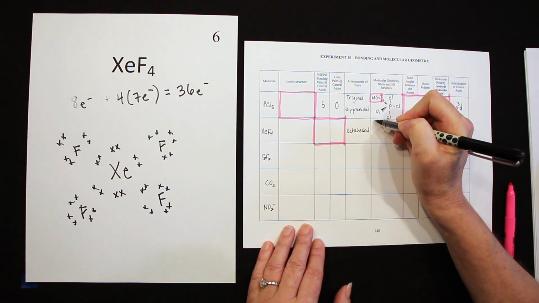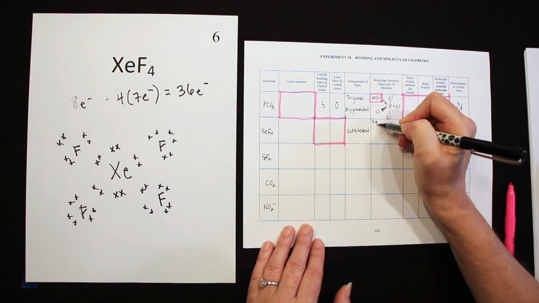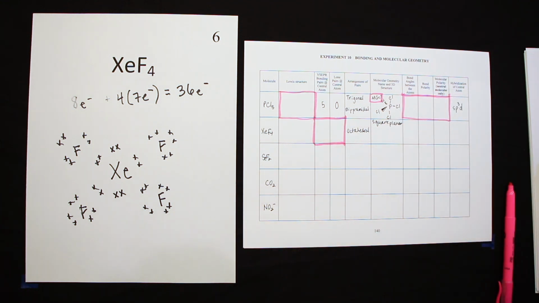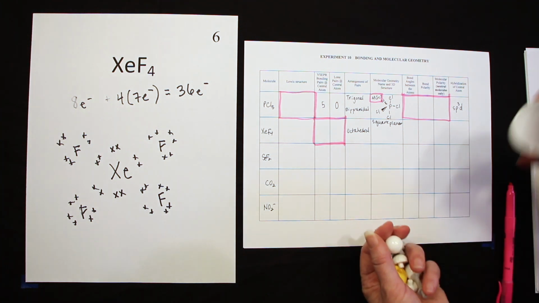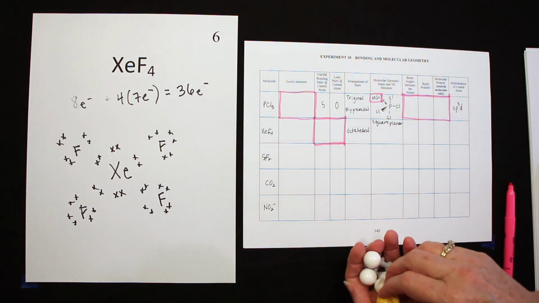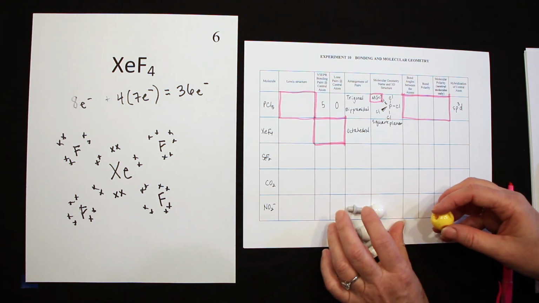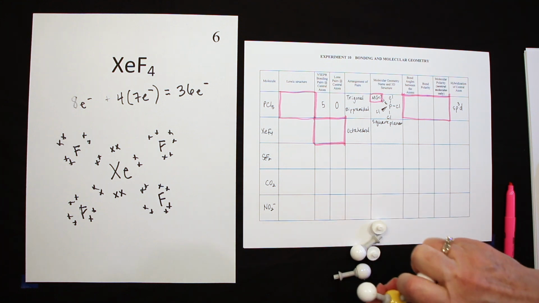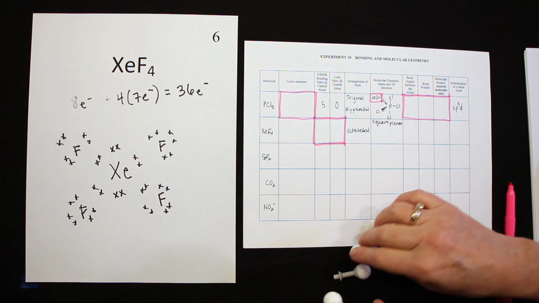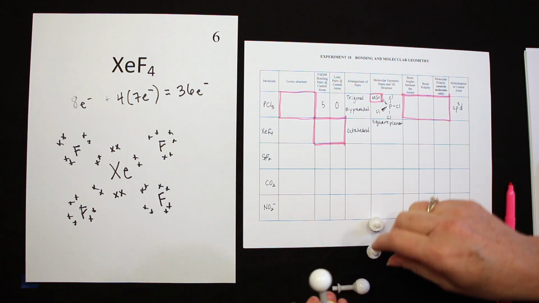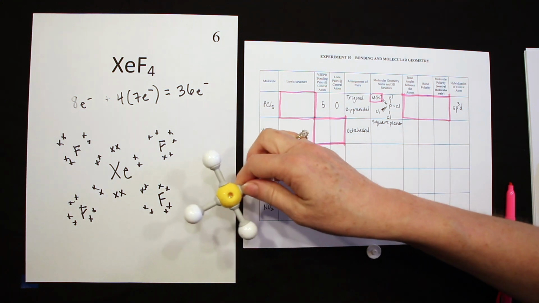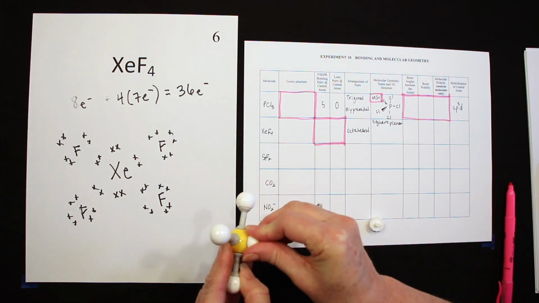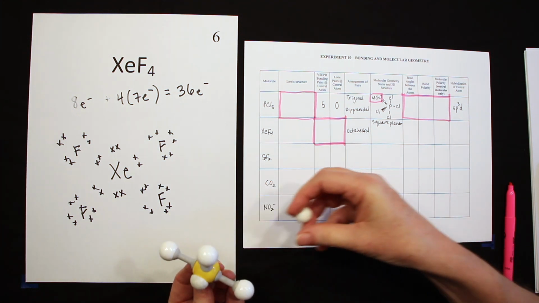And it is a square planar molecular geometry. So let's build that. I'll select a 6-hold molecule, and I will put my fluorine atoms in, and then my lone pairs.